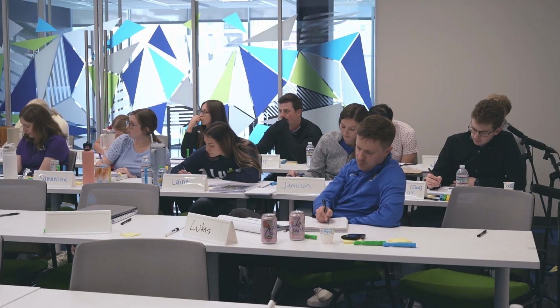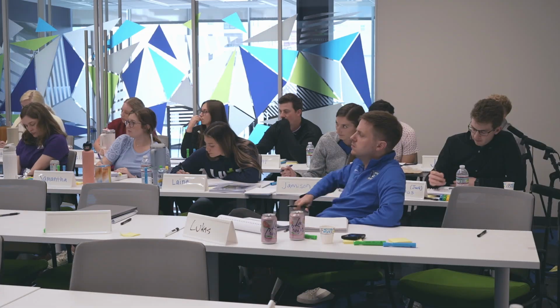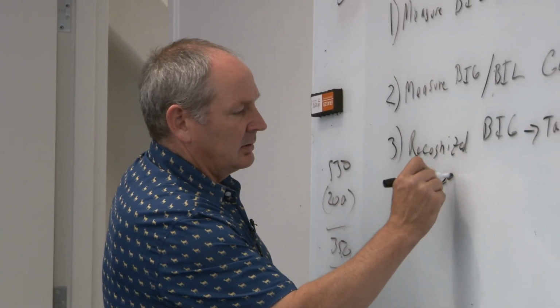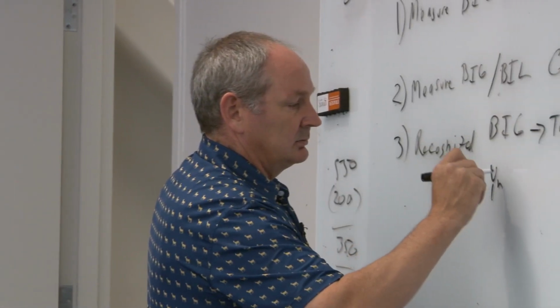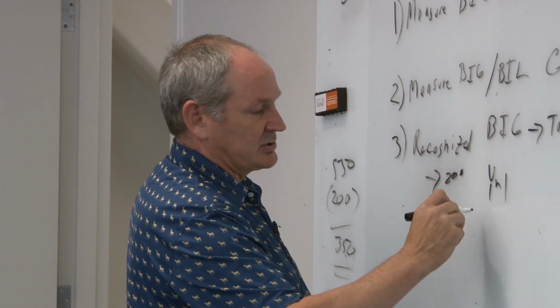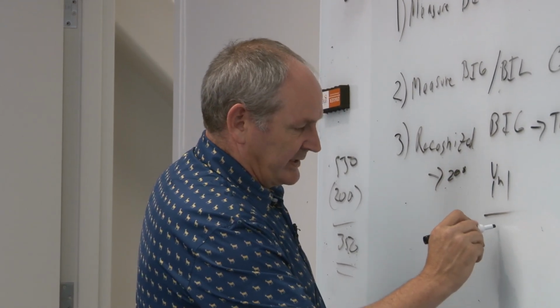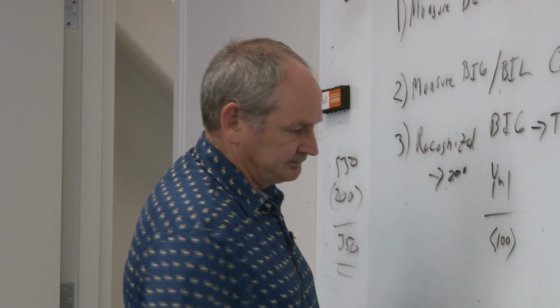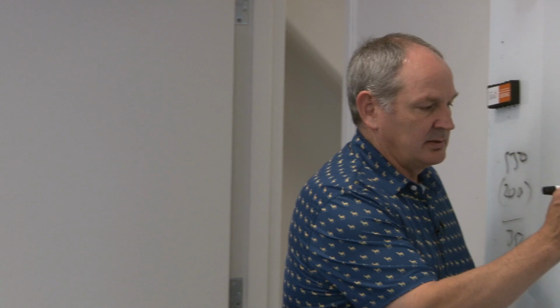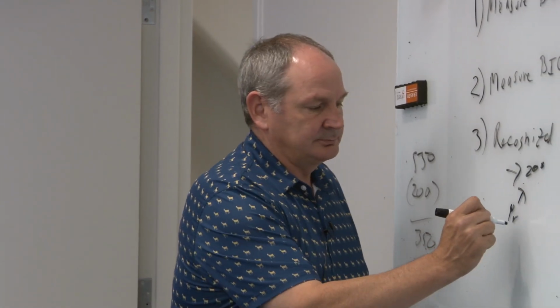Is that what we said? So now, under 3, we have 200 that we have to contend with because we have now recognized that. The taxable income, I'm going to pretend, of this S Corp in year 1, or year of disposition, is negative 100. And we recognized this in year 1.